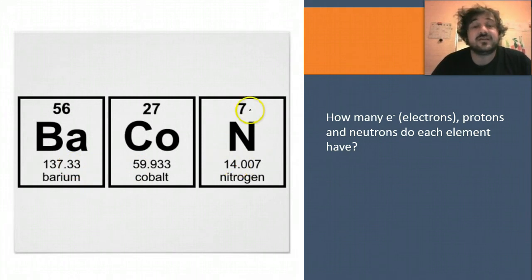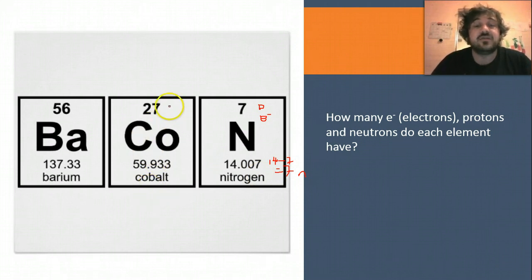So nitrogen has 7 protons, 7 electrons, but it has 14 minus 7, which equals 7 neutrons.